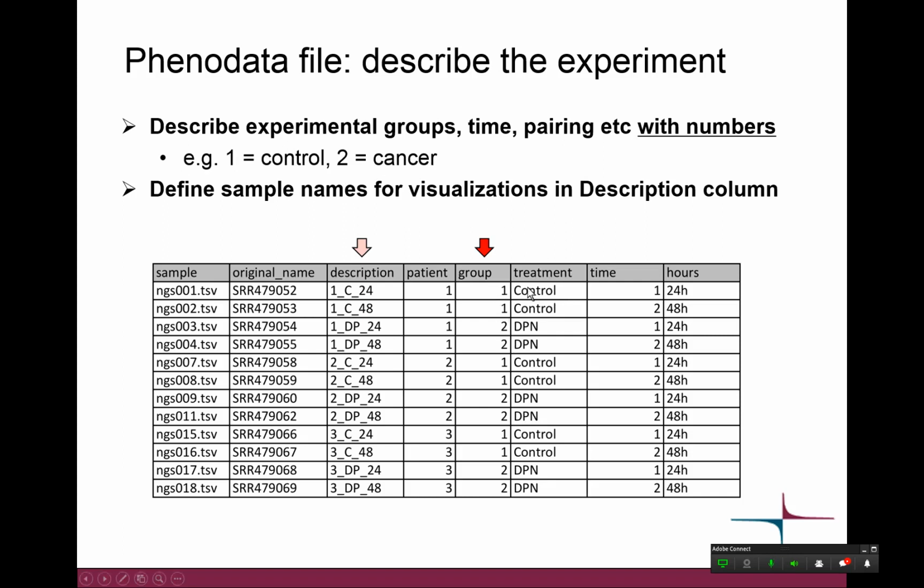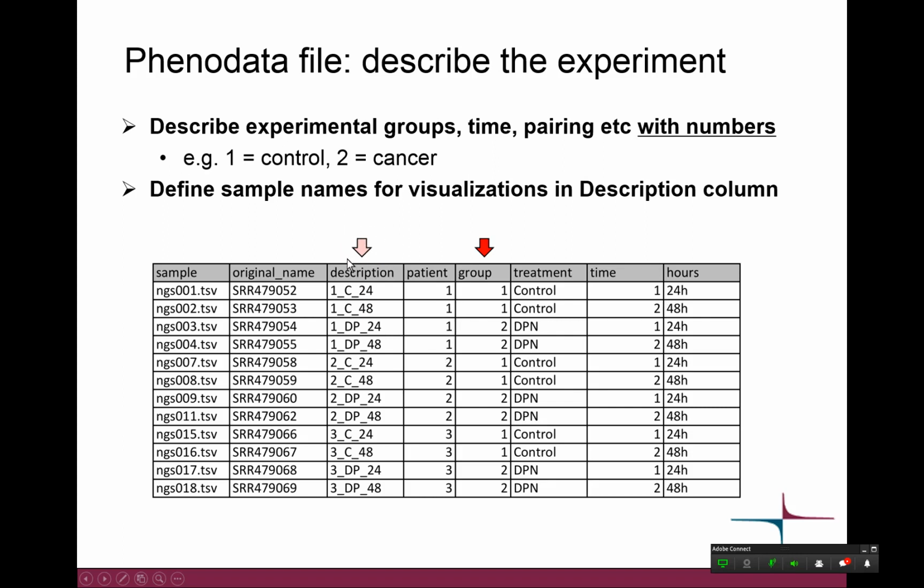Here, for example, I have control samples marked with 1, DPN treated samples marked with 2. Of course, you might have a more complex experiment with, say, time points or pairing, like I have here, so different time points, again marked with numbers, different patients, again marked with numbers.